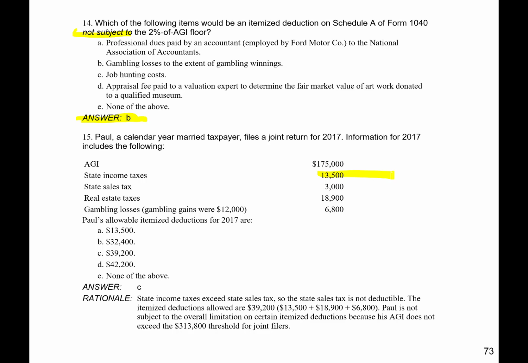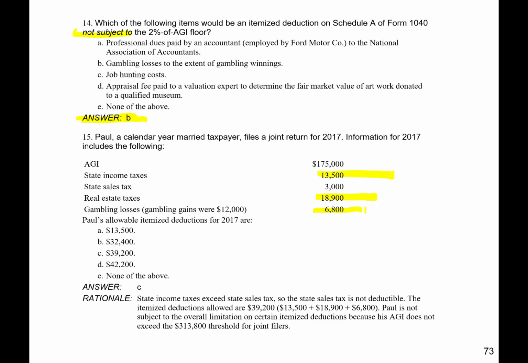Income tax because it is higher, right? Real estate taxes, you can take those. Gambling losses, gambling winnings were 12,000. So he can take what? Gambling losses, and you can take the whole amount since he had winnings that were in excess, right? You can take up to your winnings and losses.